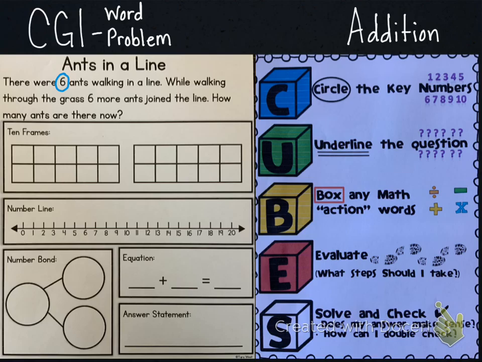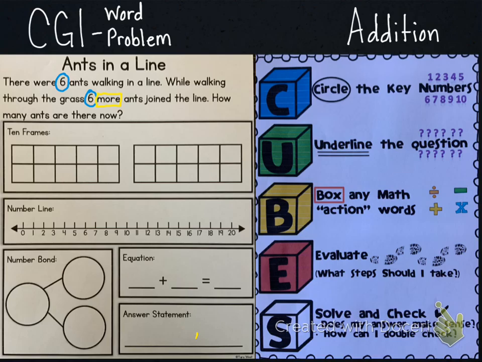You are correct. The 6 is an important number. There's also a very important word in that sentence. It says more. So I'm going to get my yellow out, and I am going to box in the more, because that is an important word. Because they joined the line.